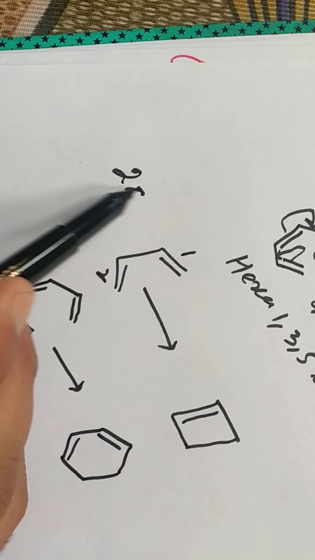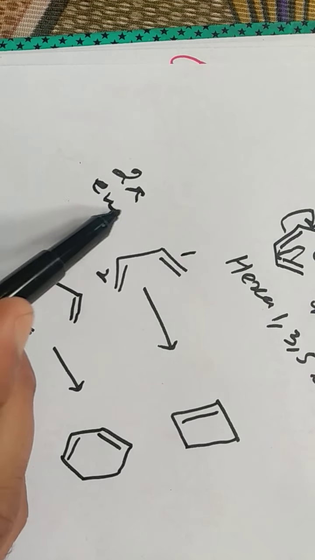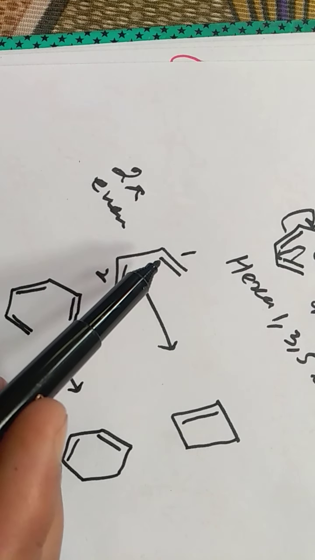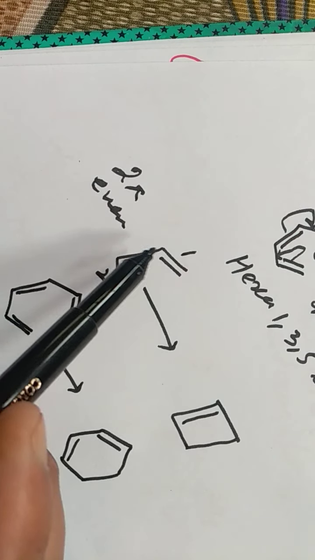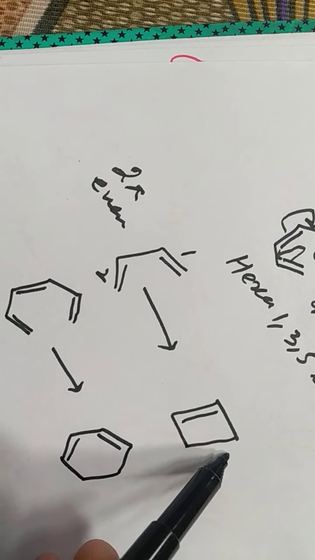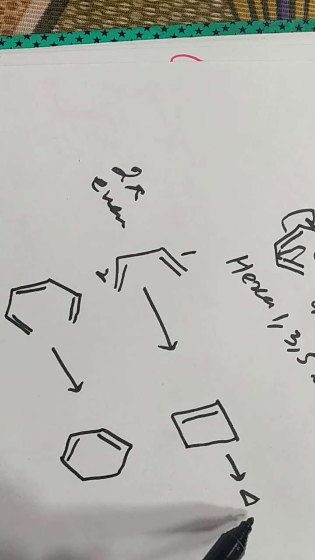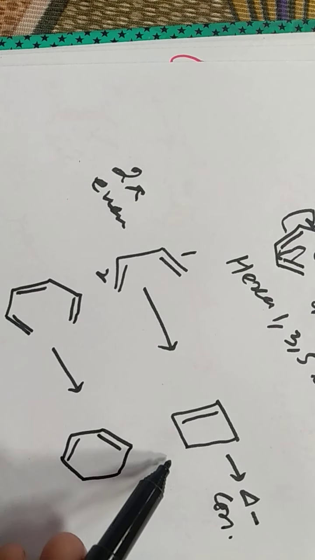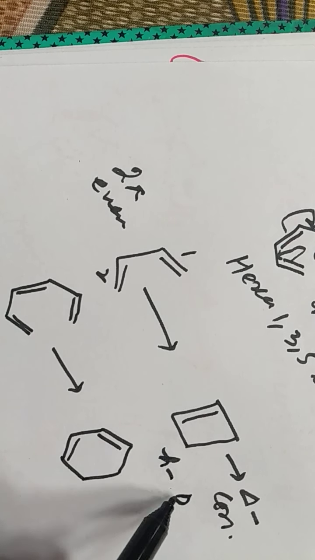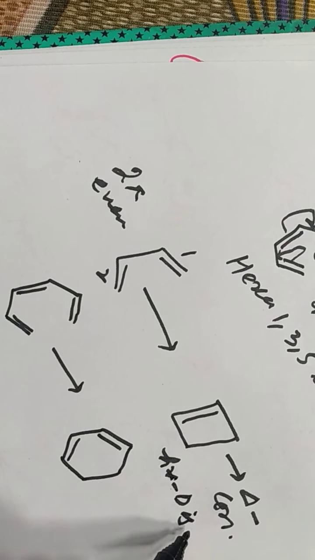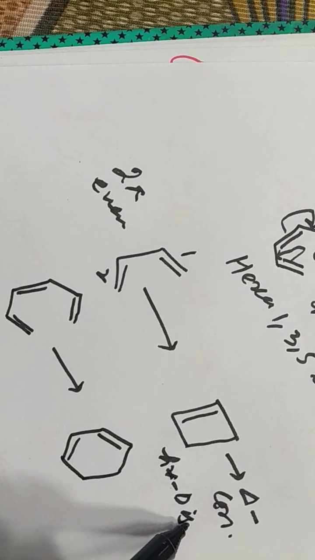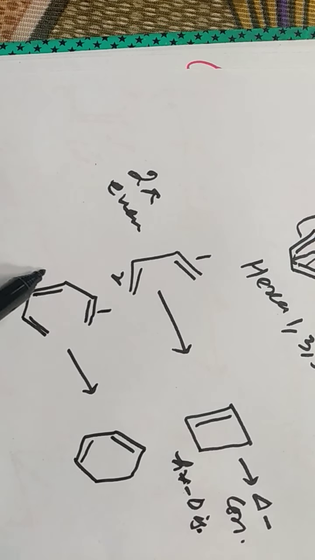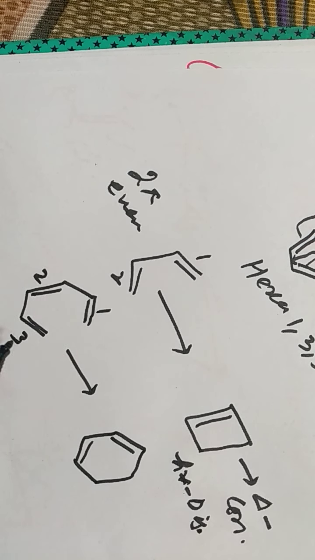Two pi bonds means an even number of pi bonds, and the Woodward-Hoffmann rule says that if there are an even number of pi bonds, then the reaction is thermal conrotatory and photochemical disrotatory, right? And in this case there are three pi bonds, right?